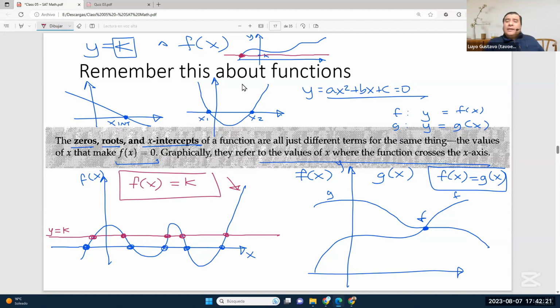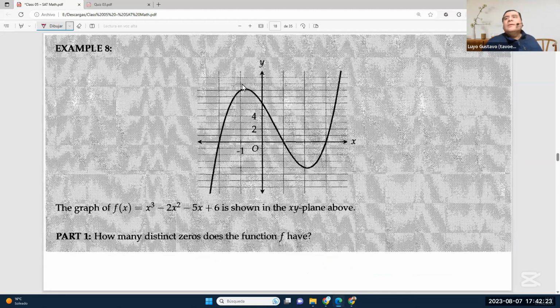Let's take a look at an example. The graph of f of x equals, okay, it's a cubic function, x cubed, take away 2x squared minus 5x plus 6 is shown in the xy plane above. How many distinct zeros does the function f have?